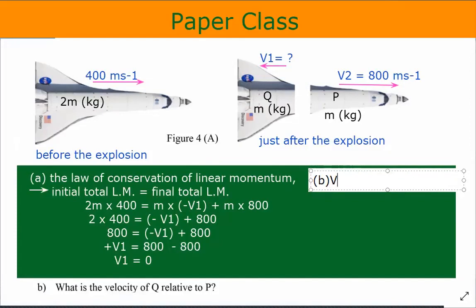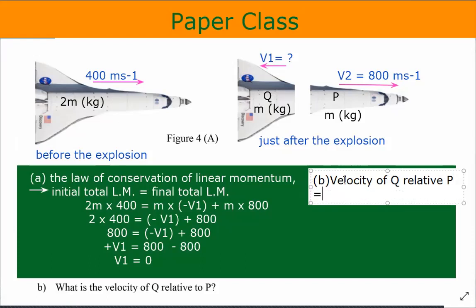Very good. So simple. Velocity of Q relative to P means if there is a person on P, looking at Q, as he observes, what will be the velocity of Q?